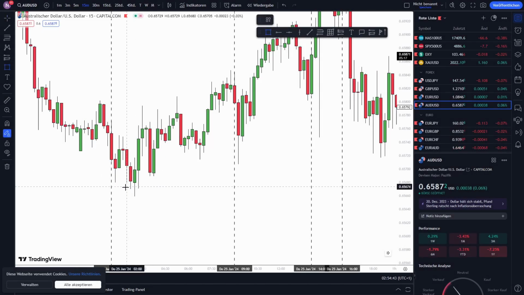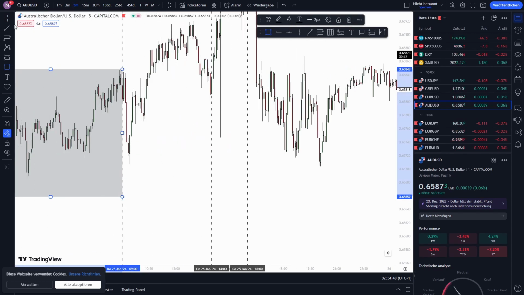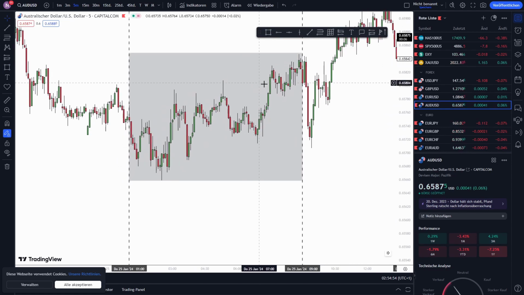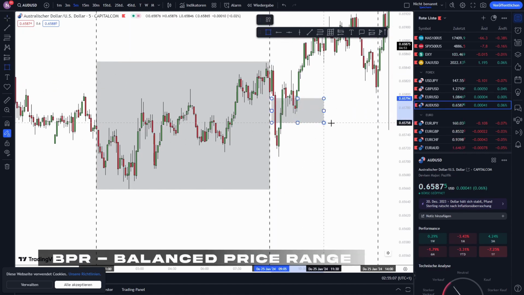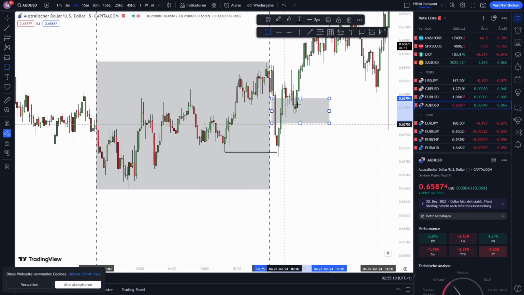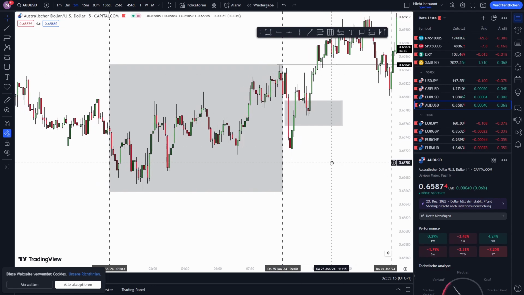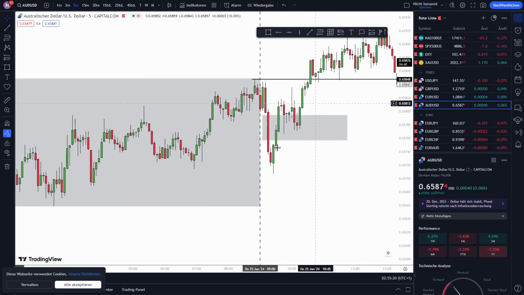Okay, so as you can see here, we have consolidation. It's really choppy, and if you go in lower time frames, you see that it's even more choppy. And what you can also see is that it took liquidity here, because this was the original consolidation, and this one looked like a trap where it took liquidity, then went up, took the real liquidity, and then we had a strong down move, and then we created the BPR here, taking out this liquidity down there, and then reacting to it and going higher, which I wouldn't have traded, but you could trade in the moment you see that it disrespects this fair value gap and goes back into it.